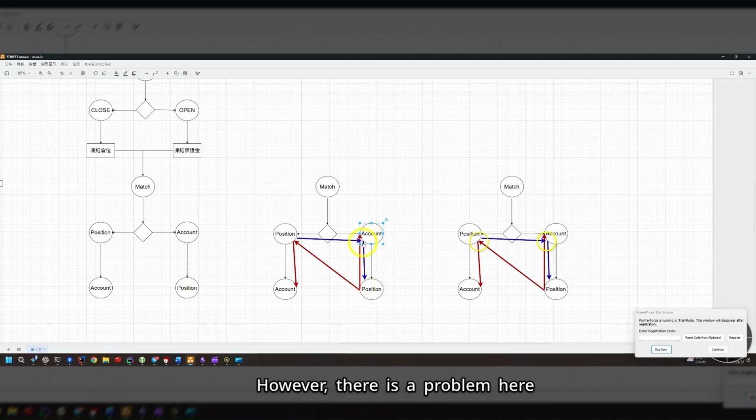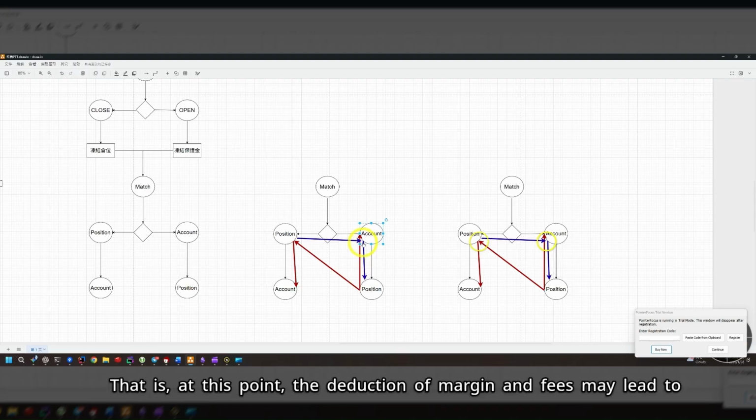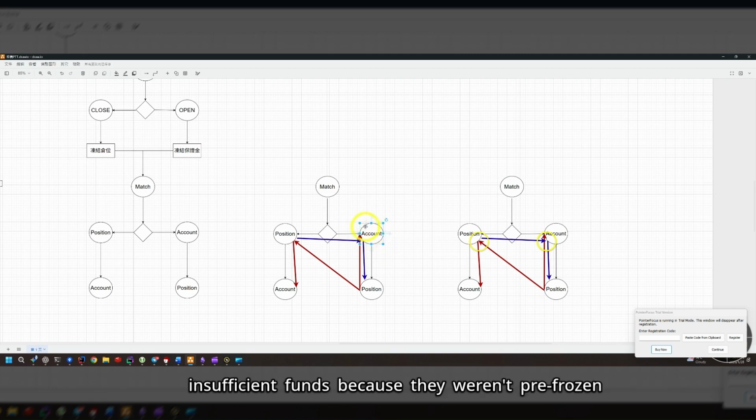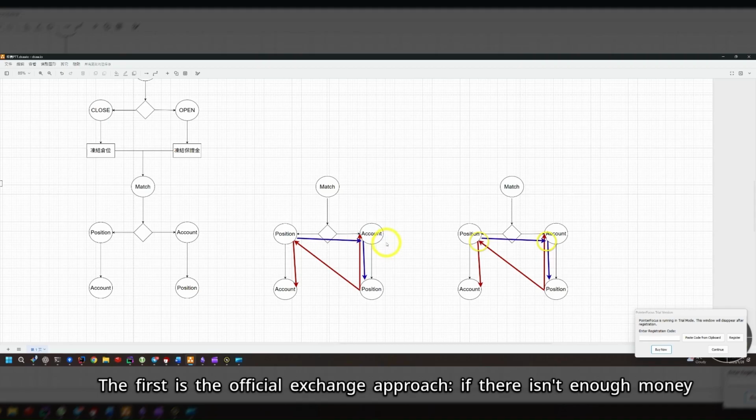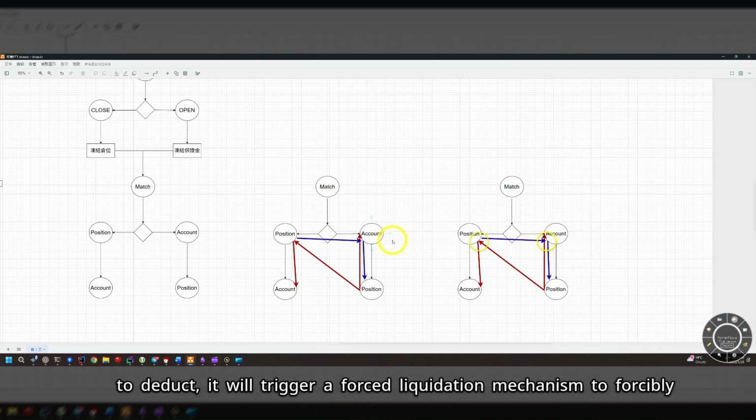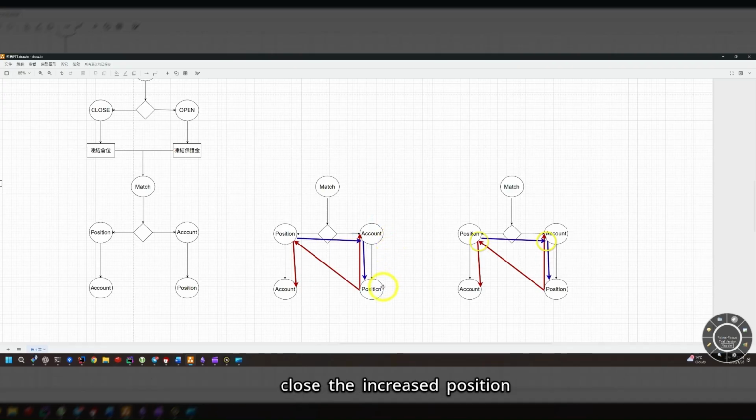However, there is a problem here. That is, at this point, the deduction of margin and fees may lead to insufficient funds because they weren't pre-frozen. So how should this be handled? There are 2 approaches. The first is the official exchange approach. If there isn't enough money to deduct, it will trigger a forced liquidation mechanism to forcibly close the increased position.